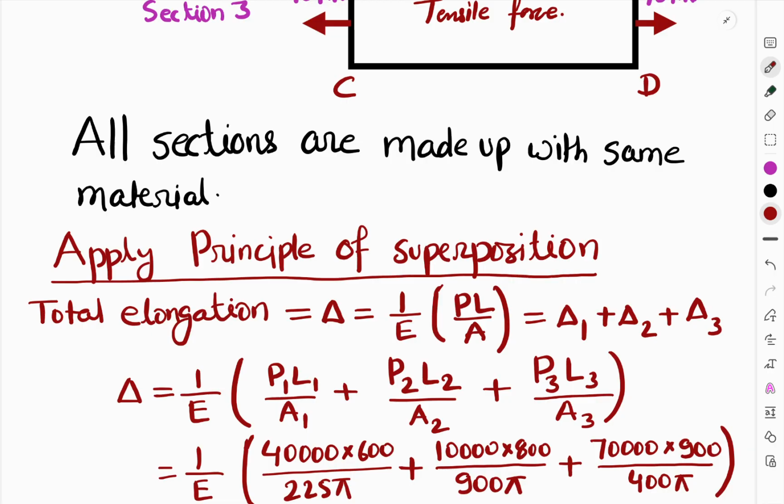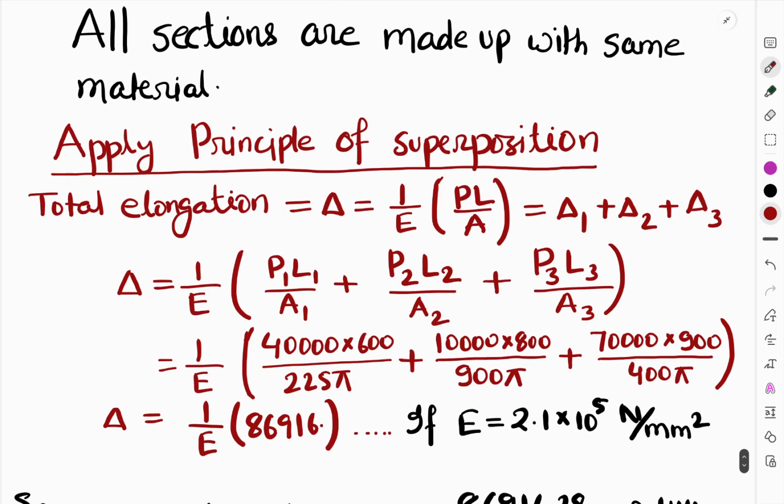Now apply the principle of superposition. What will happen? Total elongation is equal to the sum of individual elongations for individual sections. That will make a sum of these: delta 1 plus delta 2 plus delta 3.